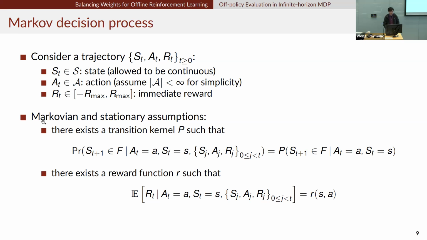Following the practice of reinforcement learning, I'm going to make Markovian and stationary assumptions. More specifically, given the current state and action pair, the future states are independent of the history. We have a similar type of assumption for reward, but only in expectation. Here, the transition kernel P and the reward function R are assumed to be time invariant.